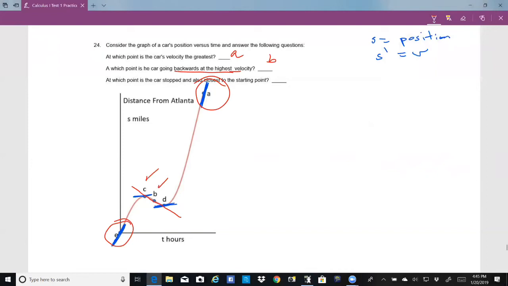And at point C and D, the velocity is 0, it stopped, but the point that's closest to the starting point is D, so the answer is D for the last part.